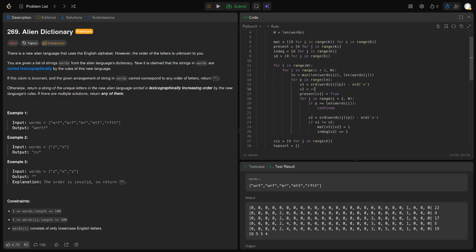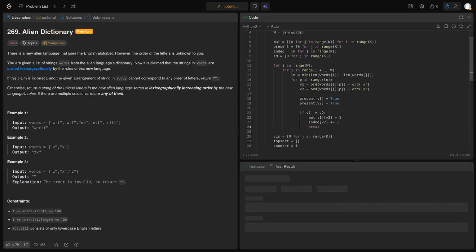This is vertex 1. Word A, right? Then we go to present. Okay.